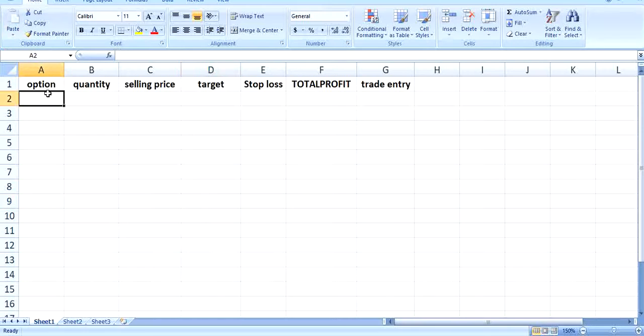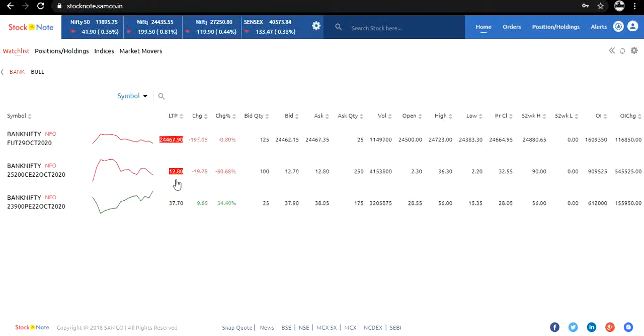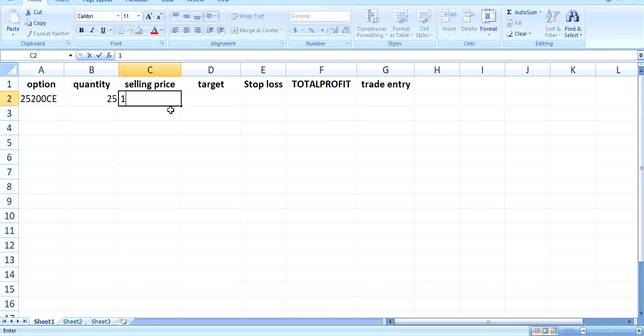The 25,200 call we will sell with 25 quantities, and it is currently trading near 13 rupees. So we will place our limit order at 13 rupees with a target of 1, and our stop loss will be, what do you say traders, 25, or what we can do, 13, 25, no, we will place a stop loss of 30.